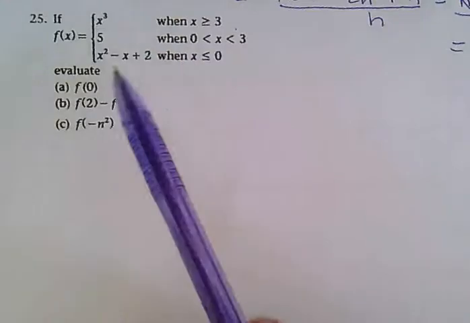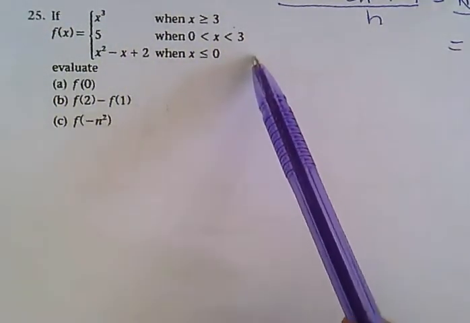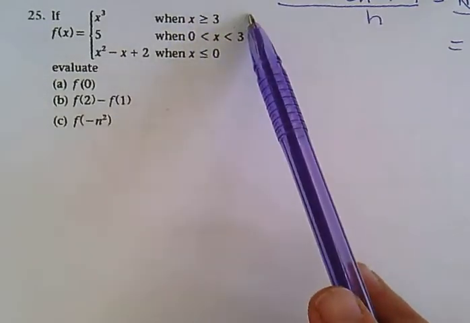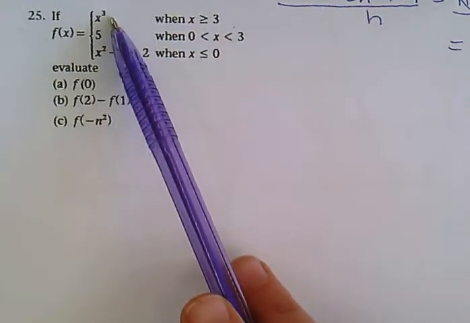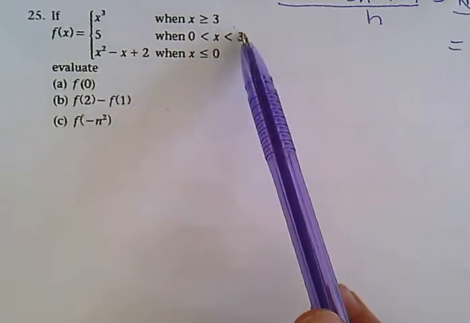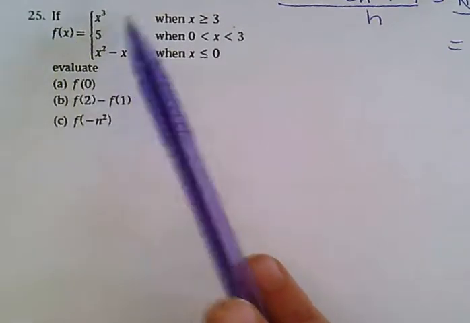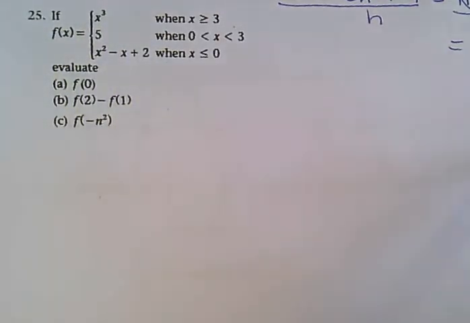Not now. 5. Function of x is defined by 3 different functions depending on the values of x. When x is greater than or equal to 3, we have a cubic. When x lies between 0 and 3 but not including 0 or 3, this is like y equals 5, which is a horizontal line.